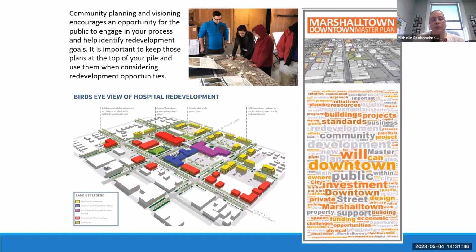Those planning processes that you go through are so important. You don't always know where they're going to take you and what's going to come out of the priorities from the plan and what will actually get implemented. But without that, it's really hard to tell these stories when you go to apply for the grant dollars. So those plans are really important to us.